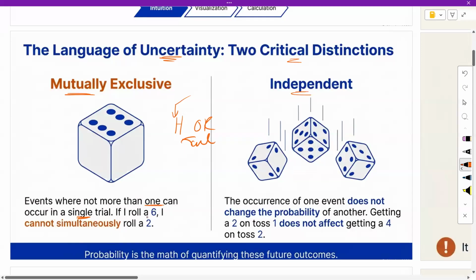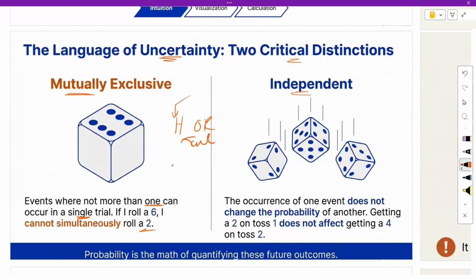If I roll a die, I cannot simultaneously roll another value. If I get 1, I can't get 2, 3, 4, 5 or 6. If I get 5, I can't get 1, 2, 3, 4 or 6. So at a time only one outcome. That is mutually exclusive.